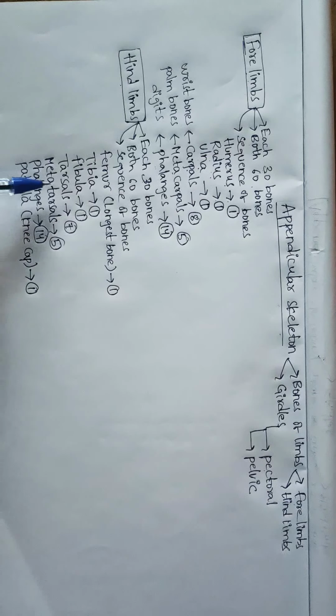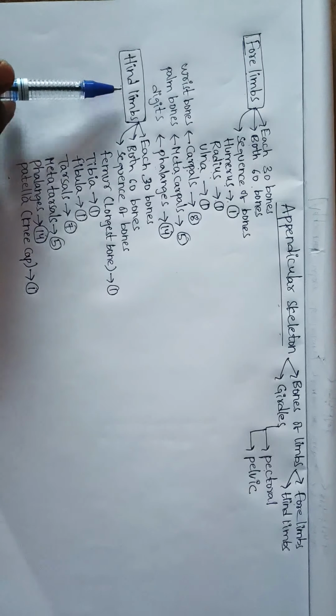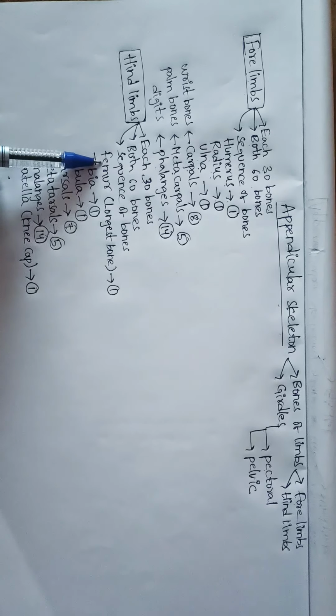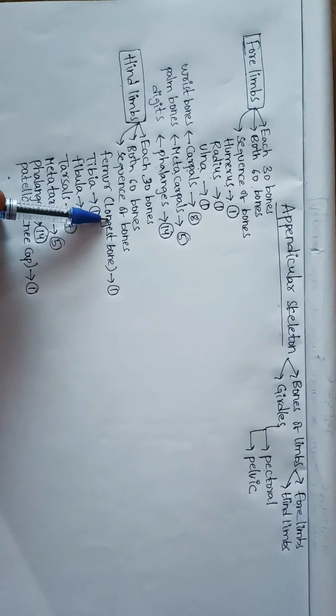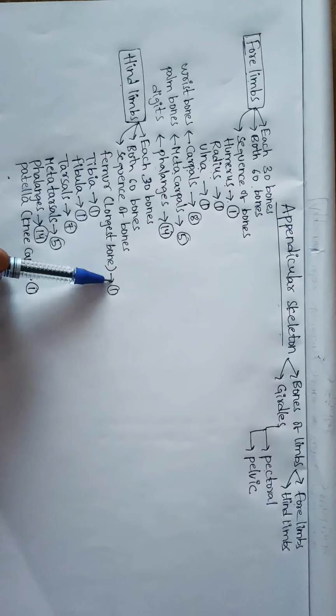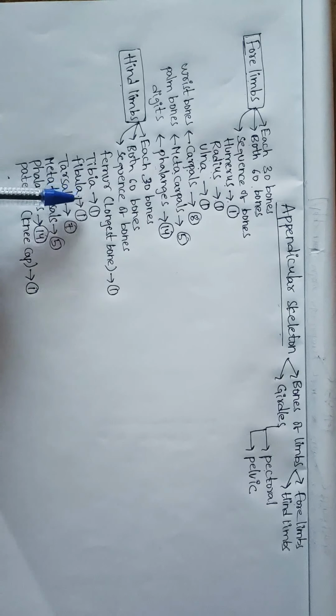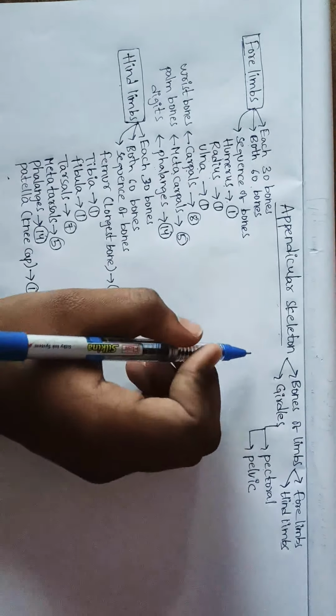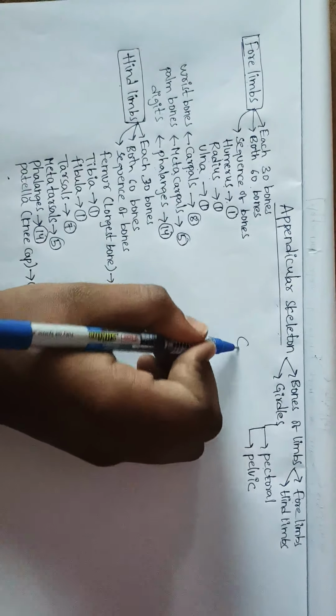Femur is the thigh bone and the longest bone. Each hind limb consists of one femur, one tibia, one fibula, seven tarsals, five metatarsals, 14 phalanges, and one patella, that is the kneecap. This is about limbs. Next, girdles.